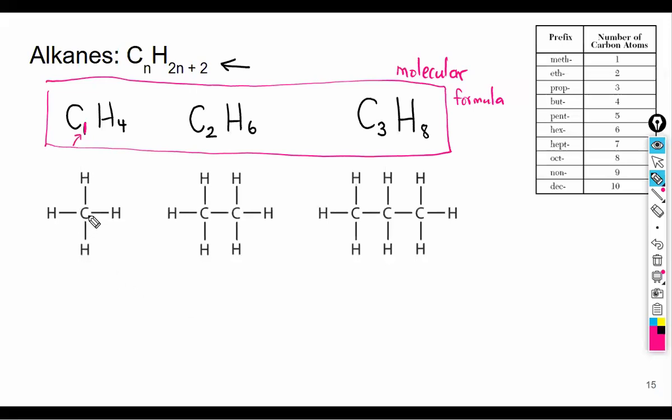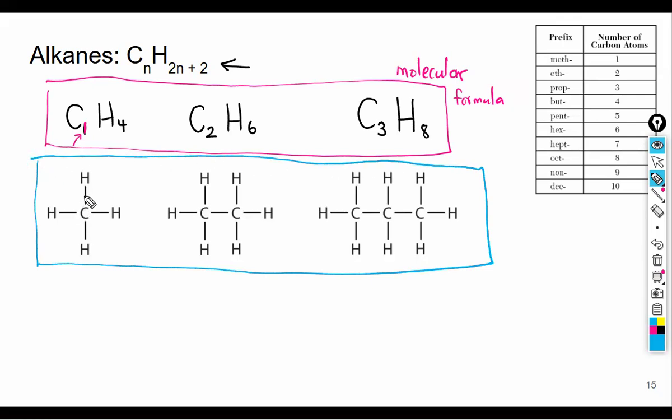Now, when you physically draw out all the H's and all the C's and put in all the individual covalent bonds, you call this the full structural formula.